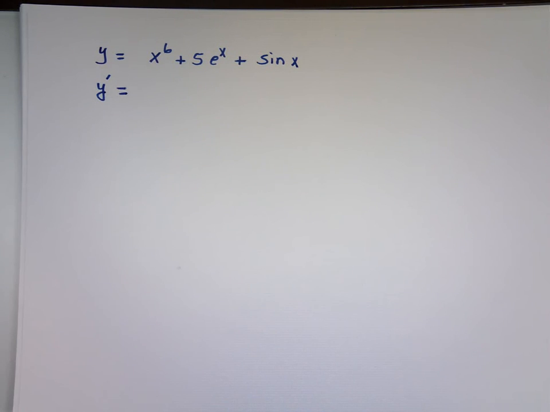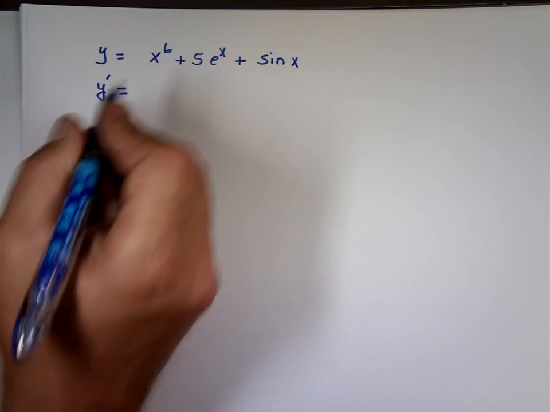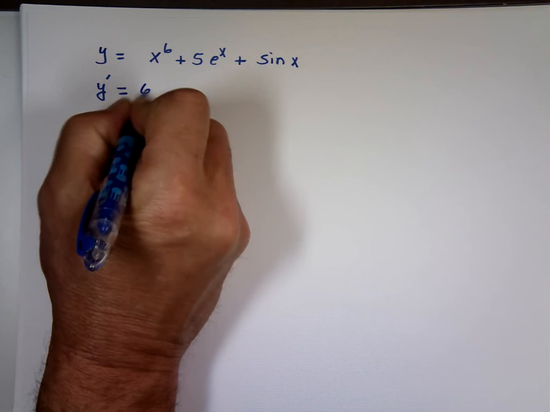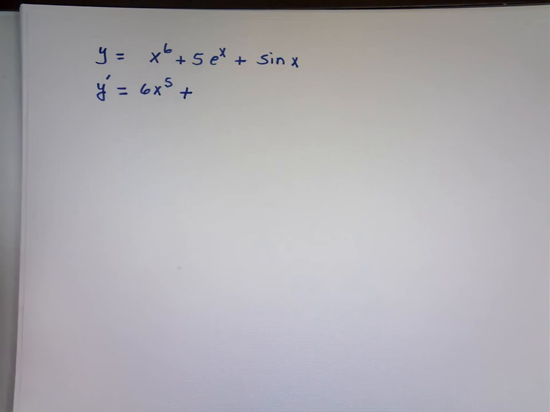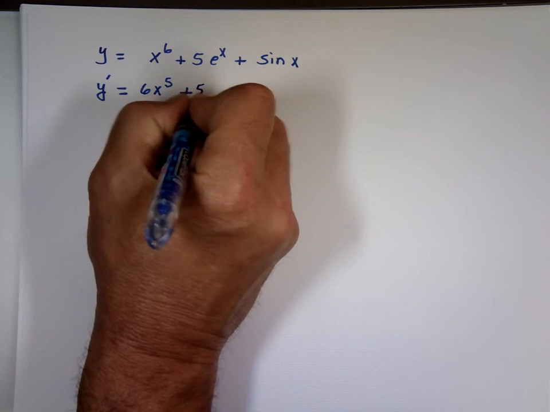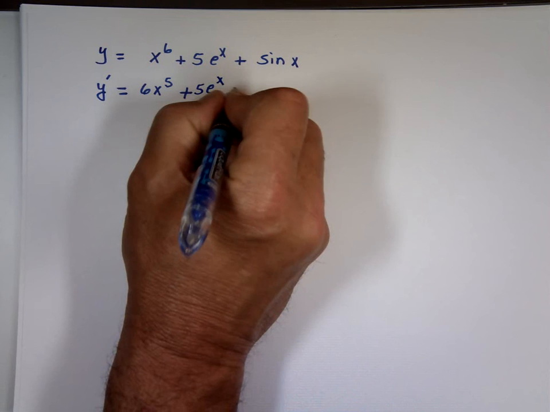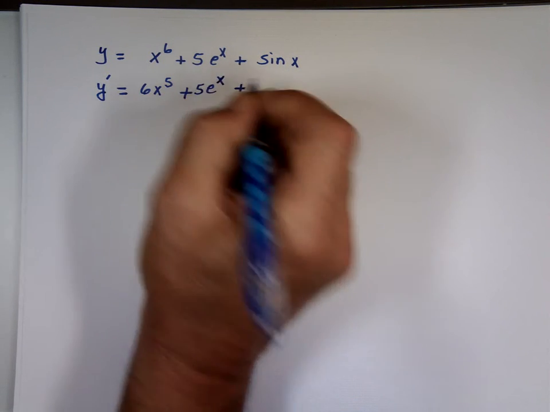The derivative of x to the 6 is what? 6x to the 5th. What's the derivative of 5e to the x? 5e to the x, again. And what's the derivative of sine of x? Cosine of x.